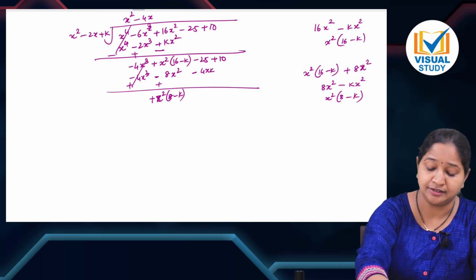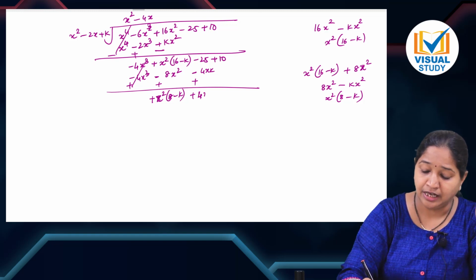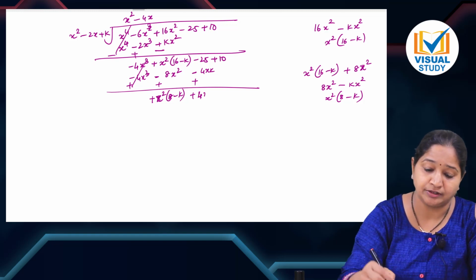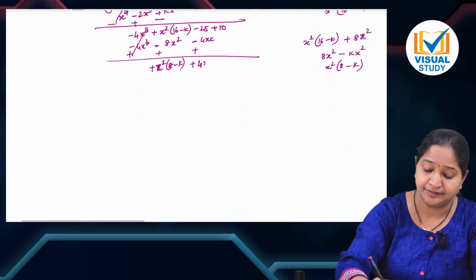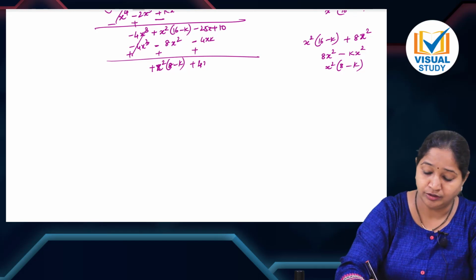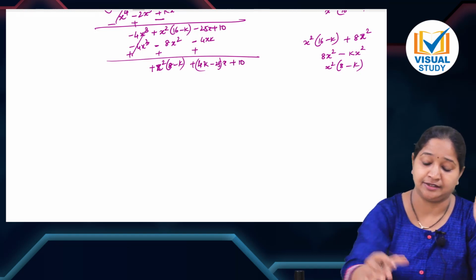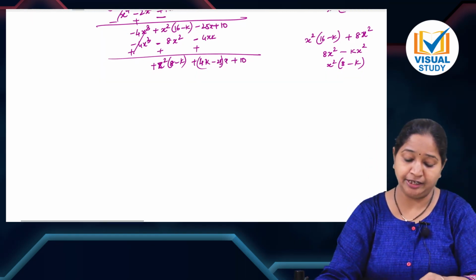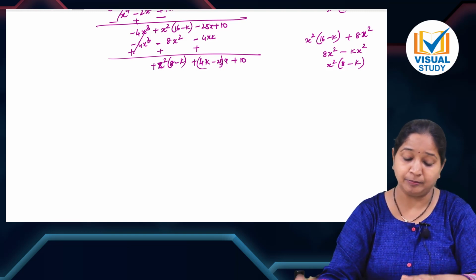Here you get plus 4. Again here I'll take out the x common. 4k minus 25 into x plus 10. See here: x square into 8 minus k plus 4k minus 25x plus 10.